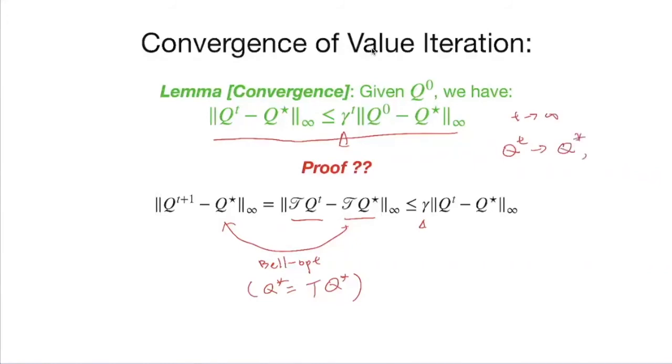So this whole vector approaches Q star. In other words, Q t of s, a approaches Q star of s, a. Okay, so that's what we proved.